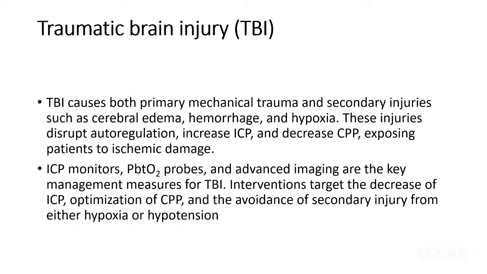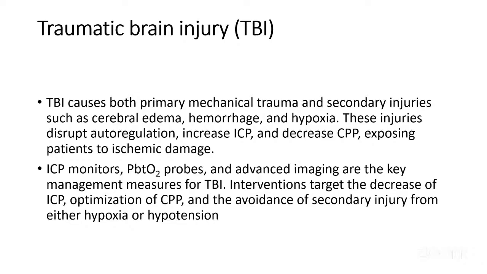And these injuries disrupt the autoregulation, leading to increased ICP and decreased cerebral perfusion pressure. So both of these things ultimately make the patient prone to ischemic damage. For that purpose, ICP monitoring, brain tissue oxygenation probes, and advanced imaging are recommended for management of the traumatic brain injury.